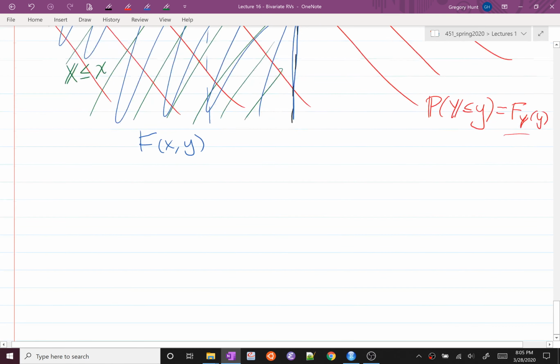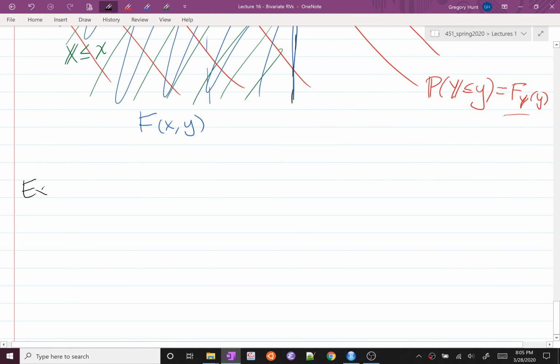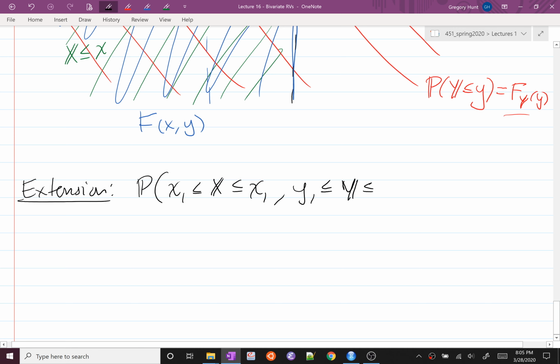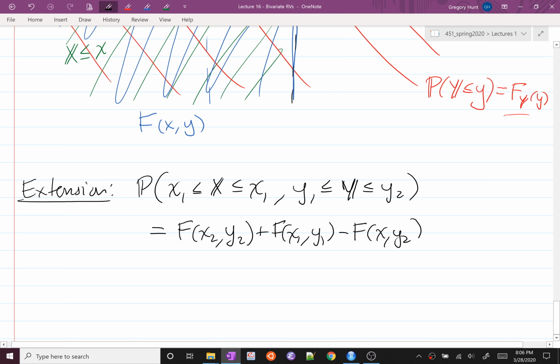And there are extensions to this formula. An extension is, what if I want the probability that x is between little x1 and little x2, and y is between little y1 and little y2? And the extension formula is a bit nasty. It's the joint at x2, y2 plus the joint at x1, y1 minus the joint at x1, y2 minus the joint at x2, y1.